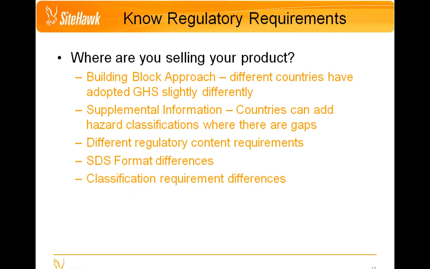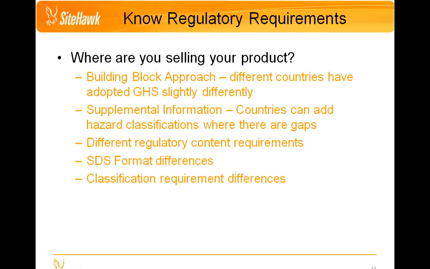You may wonder, first of all, why do I need to know this information? Well, it's really important because, first, countries and agencies can utilize the building block approach, which means that different countries and agencies have adopted GHS slightly differently. Also, countries can add hazard classifications in the form of supplemental information where there are gaps in GHS classifications in their current guidelines.